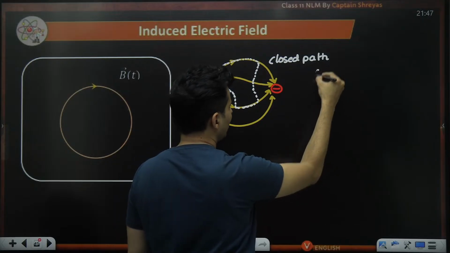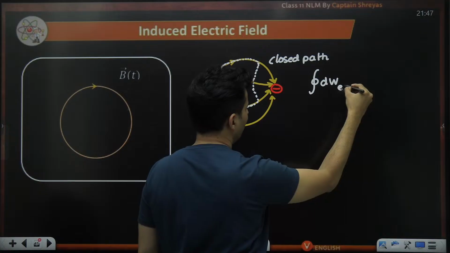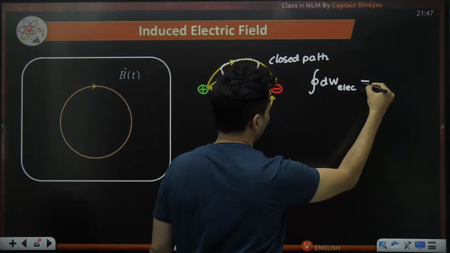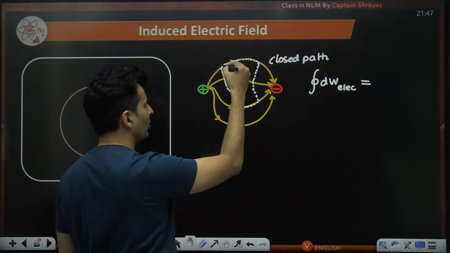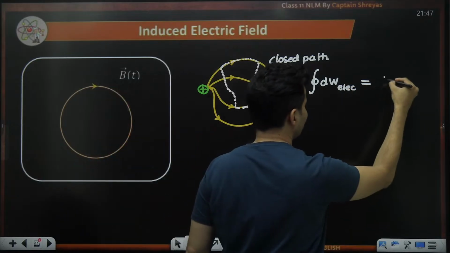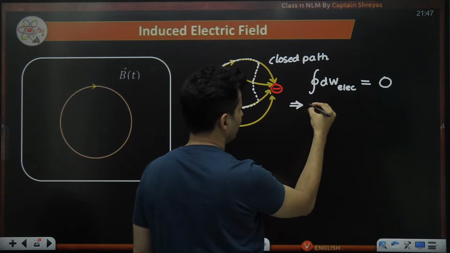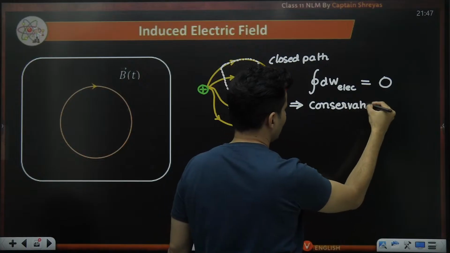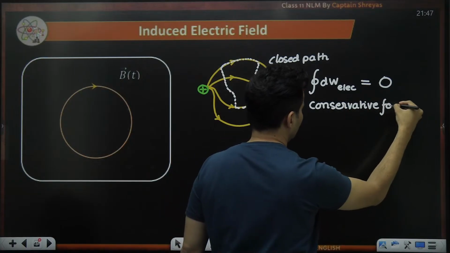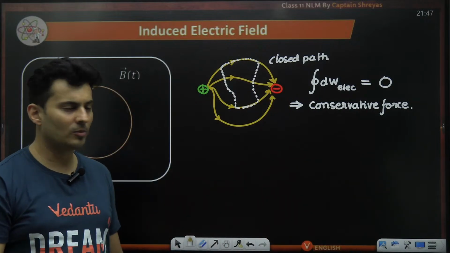If you ask me what is the total work done in that closed path by that electric field, my answer will be: here it will do positive work, zero work, negative work, zero work. So the total work will be zero. It makes sense because it is conservative in nature. So the work done in a closed path has to be zero.